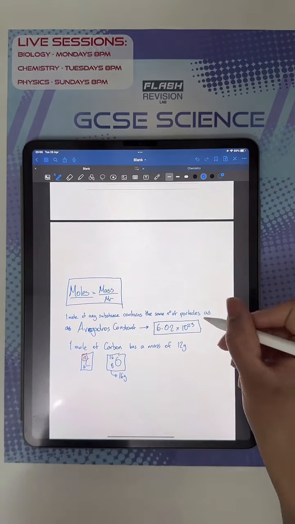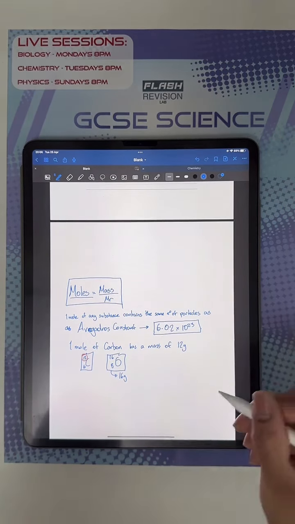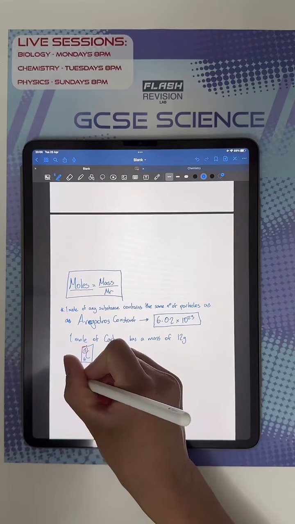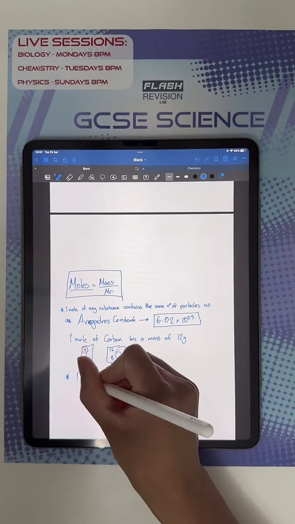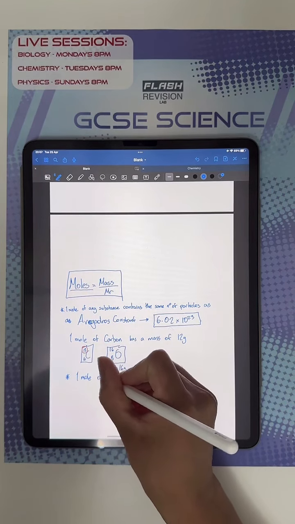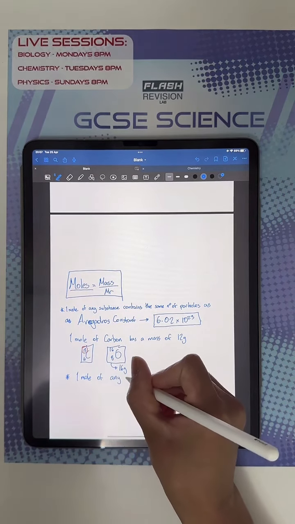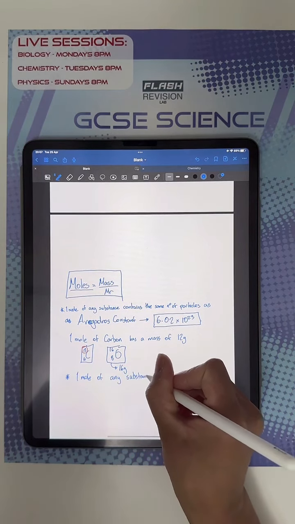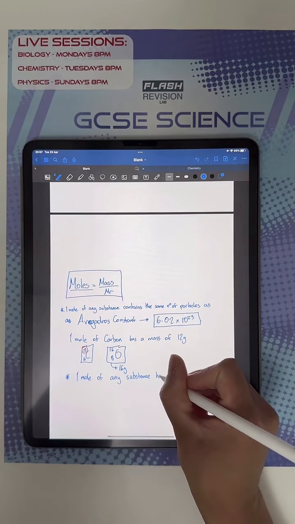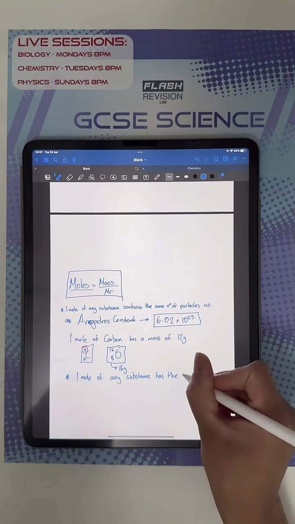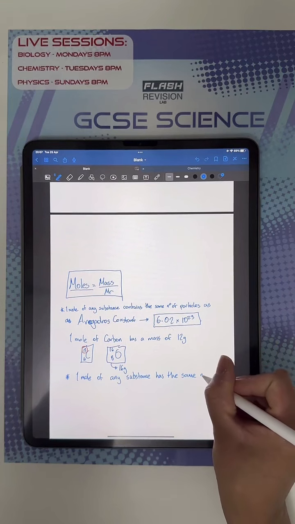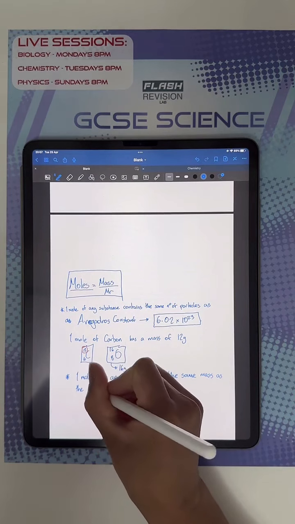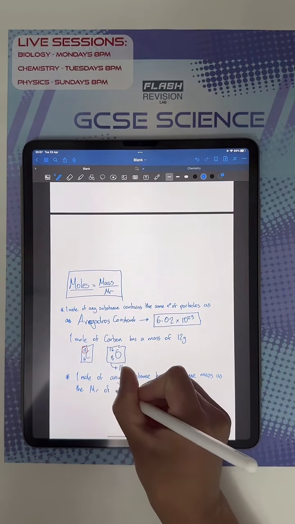So 1 mole of any substance contains the same number of particles as Avogadro's constant, but also we can say, this is the definition, you can also say 1 mole of any substance has the same mass as the MR of that substance.